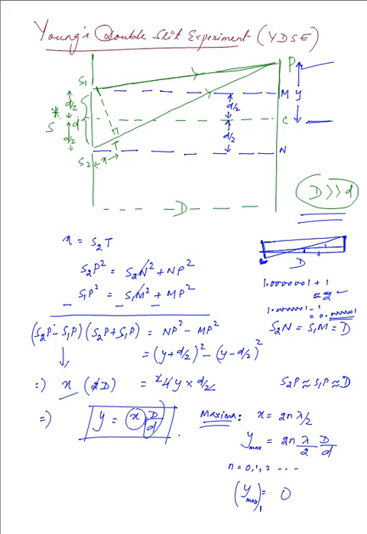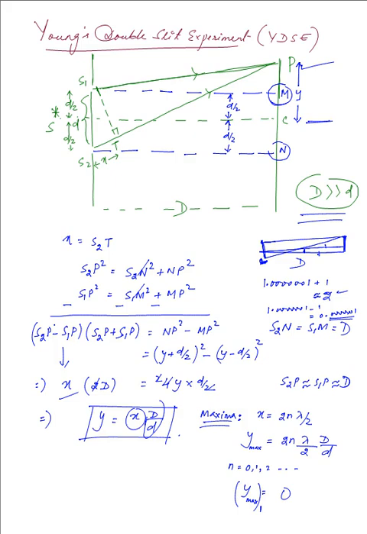We would have expected a maximum only at the point M and only at the point N, because they lie exactly opposite those two slits from which the light rays are coming. But instead of that, we are also getting a maximum.